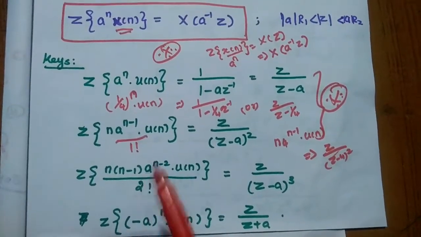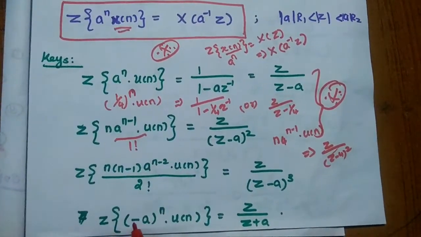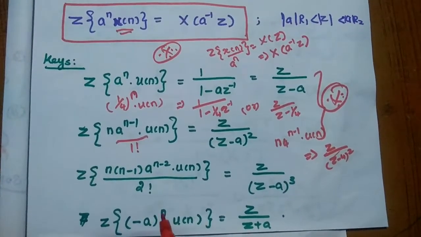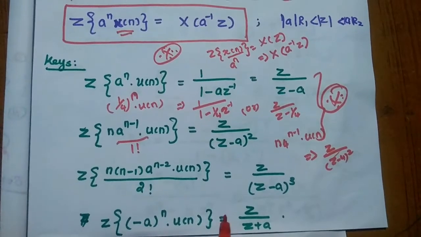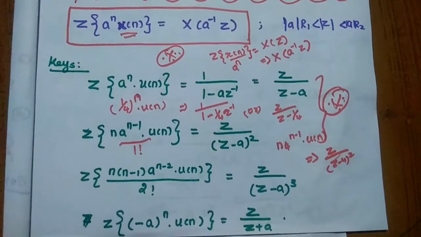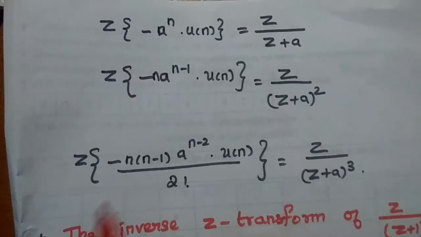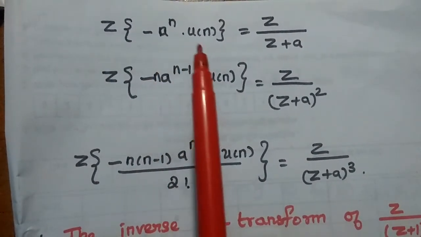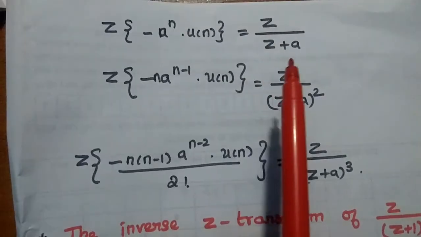Finally, if it is a power n, no problem. If it is minus a power n, then minus a power n u of n means the answer is z divided by z plus a. So as we discussed, Z transform of minus a power n u of n is equal to z divided by z plus a.